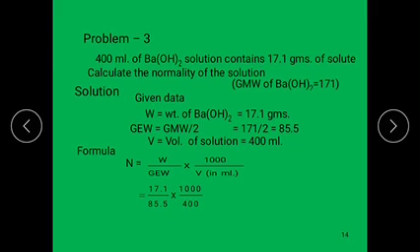Okay, these values are given in the problem. When we substitute and calculate, we get 0.5 N. Therefore, the normality of the barium hydroxide solution is 0.5 N.